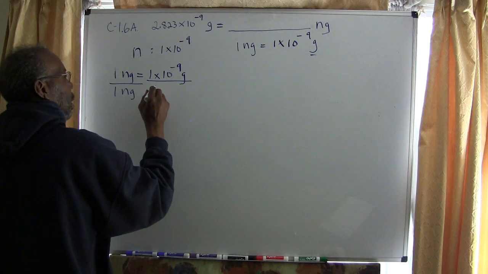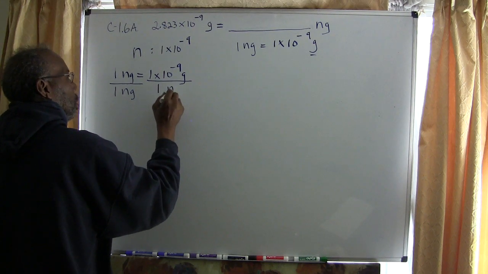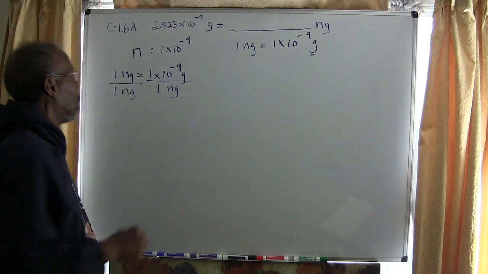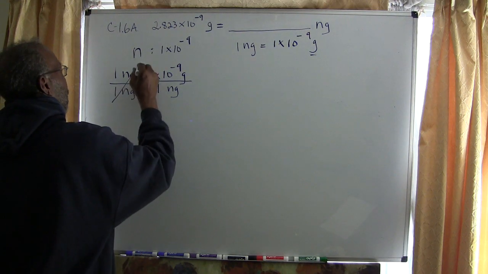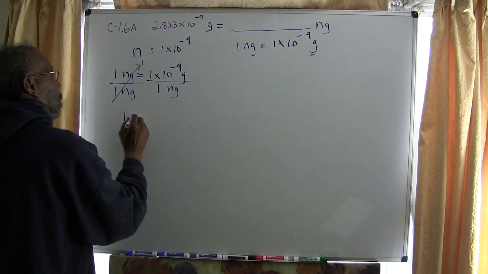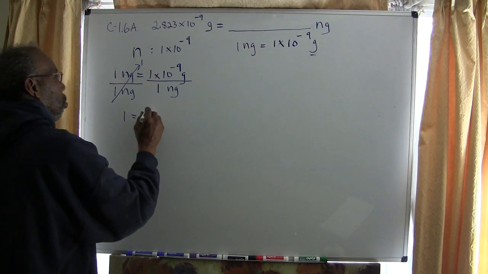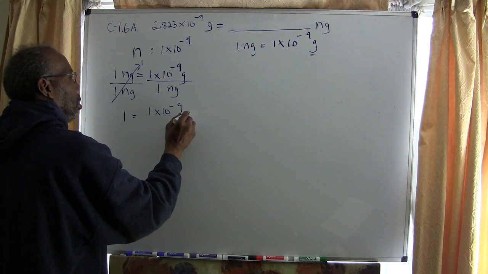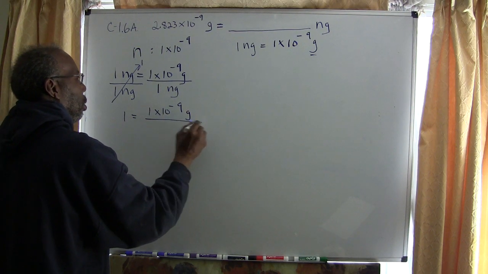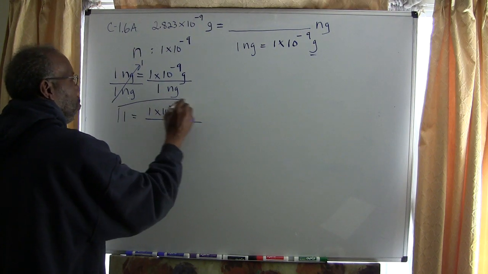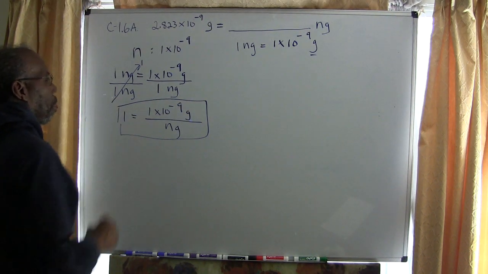That maintains the equality, since we are dividing both sides by the same quantity. This becomes 1, the nanograms cancel out. So 1 is equal to 1 times 10 to the minus 9 grams per nanogram. So that's one conversion factor we've already generated.